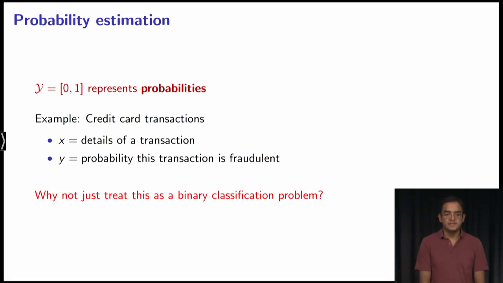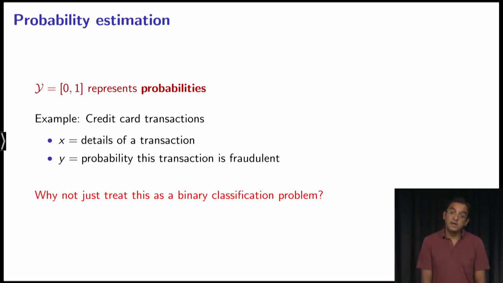So, for instance, if a transaction has got a high probability of being fraudulent, then of course the transaction should be denied. But if the transaction has a low probability of being fraudulent, should it be denied or not? If it has just a small but significant probability of being fraudulent, should we accept it or deny it?